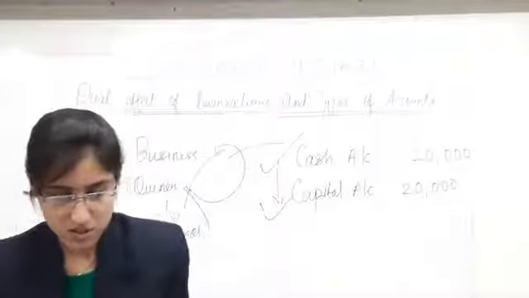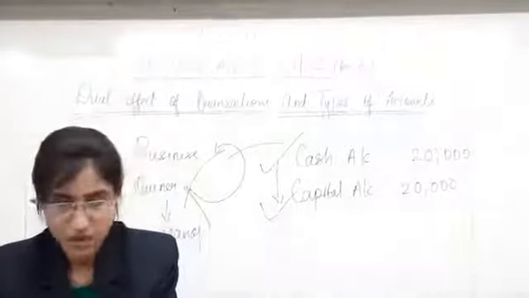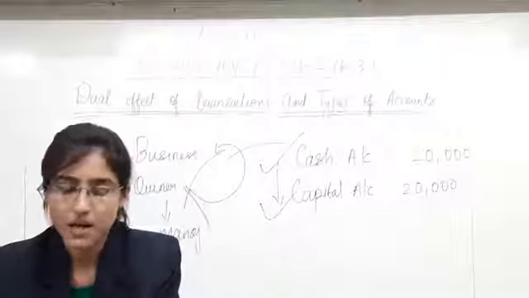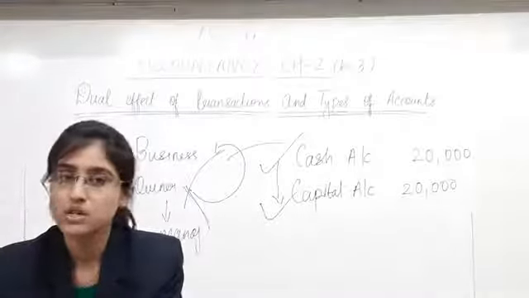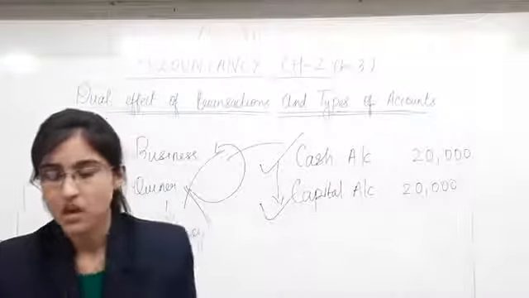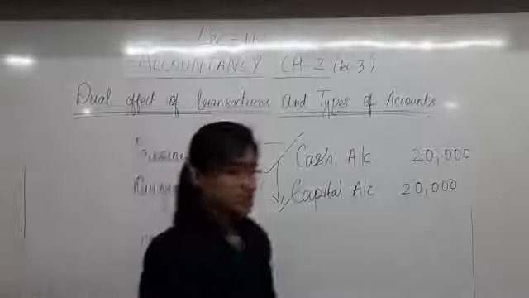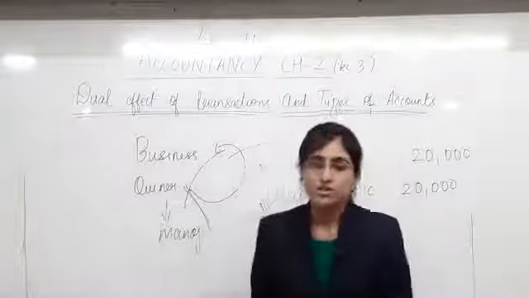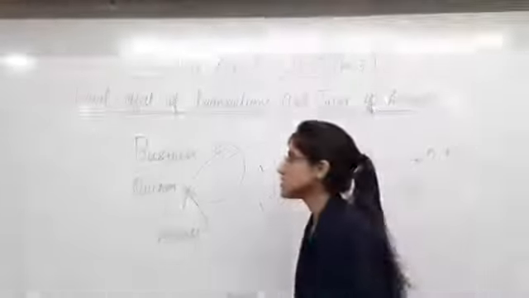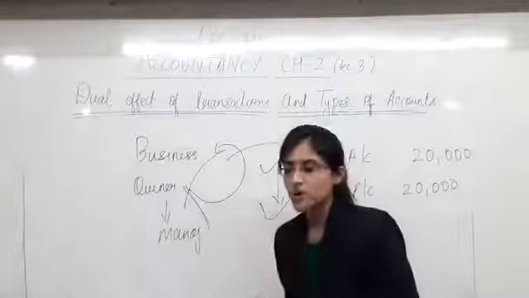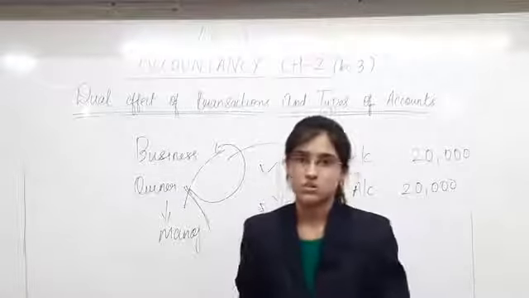Second transaction, the account is opened with State Bank of India by depositing rupees 40,000. Now, if a person is willing to do a business, then the person should open a current account.